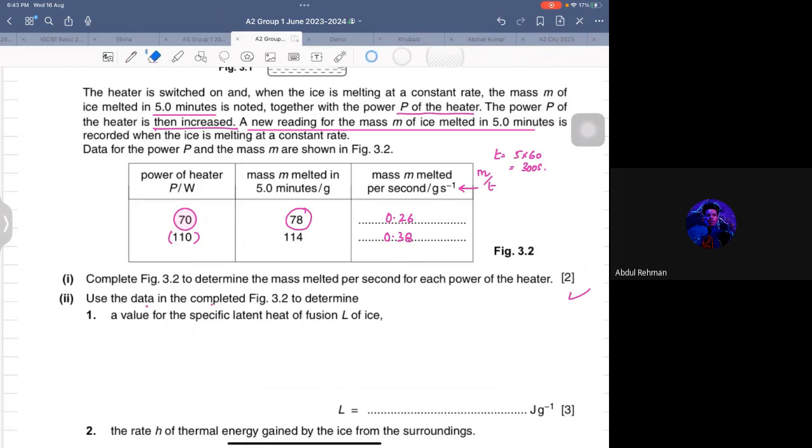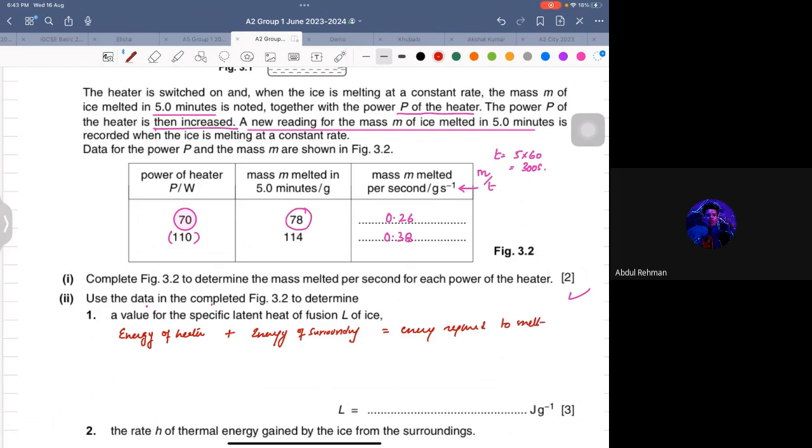In terms of energy, it is easy. Energy of heater plus energy of surroundings will give us the energy required to melt. Okay, so this is the main energy conservation equation.